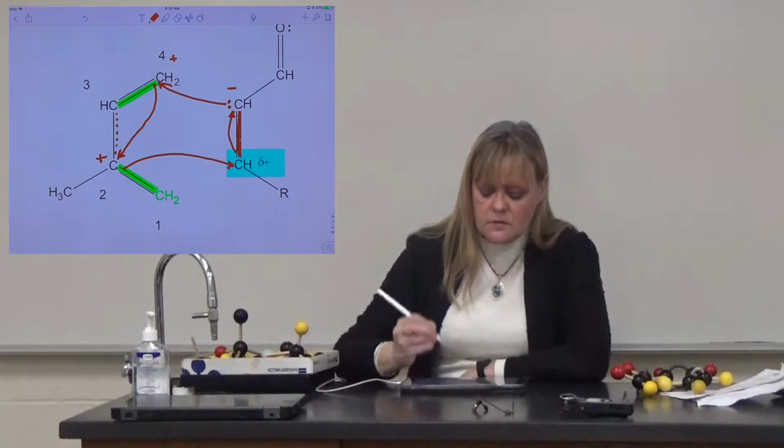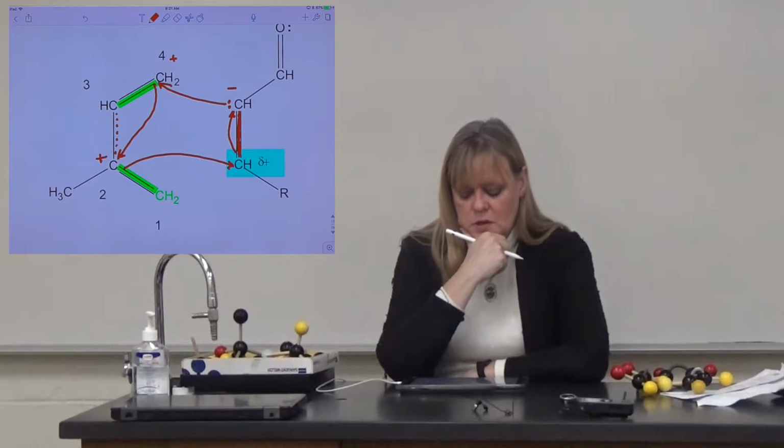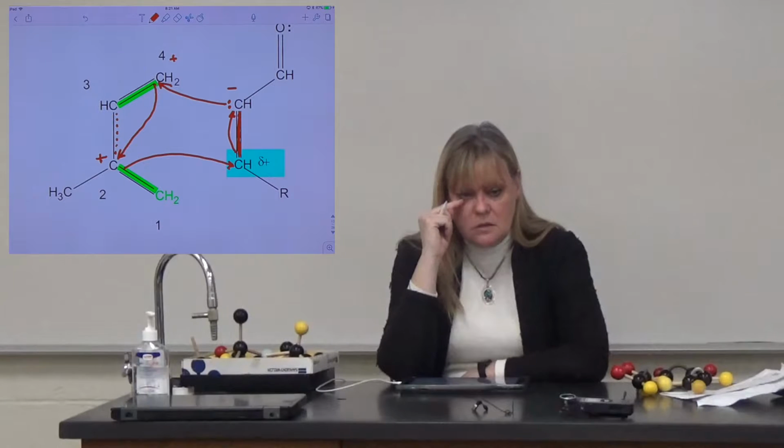So I let go of these electrons to here. Or if you want to, you can draw that as one arrow. I see that usually in textbooks where you're drawing one arrow from that carbon highlighted in blue to the CH2 instead of 2 steps like that.